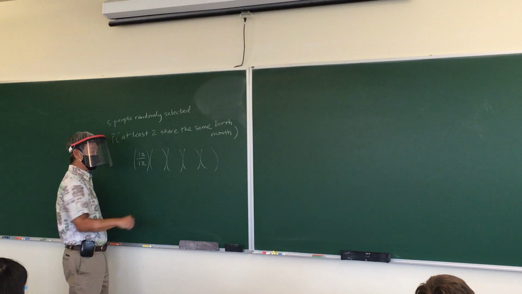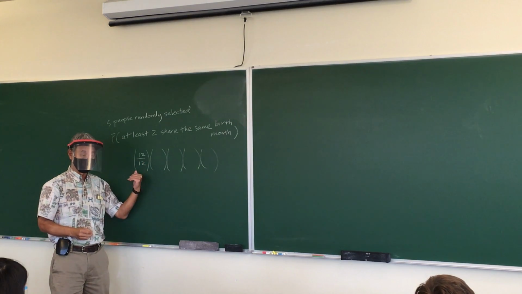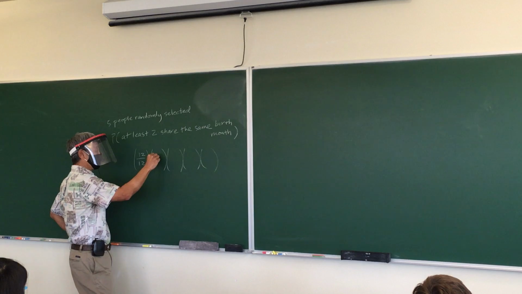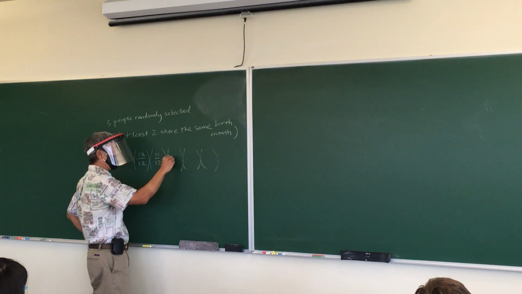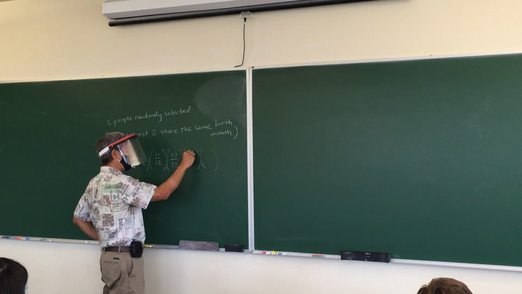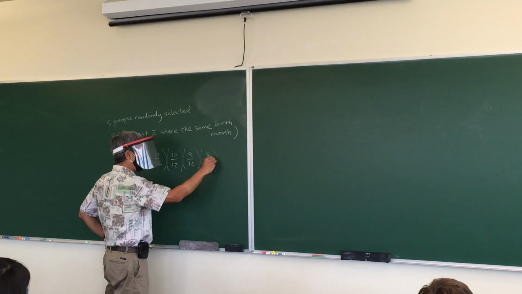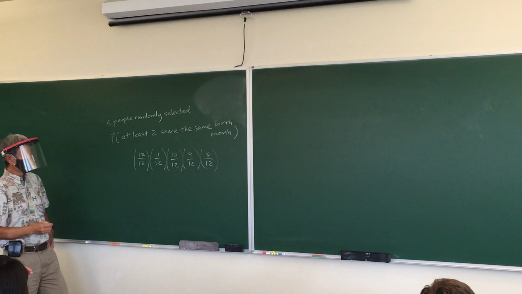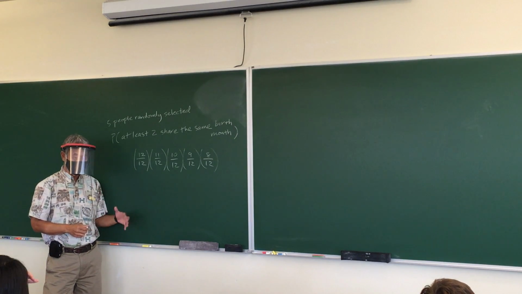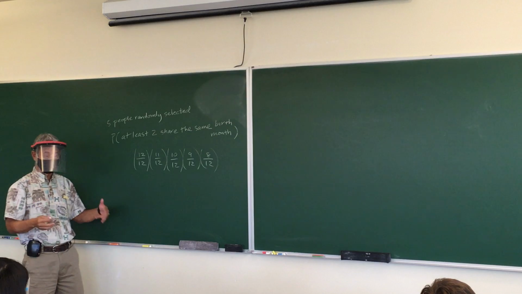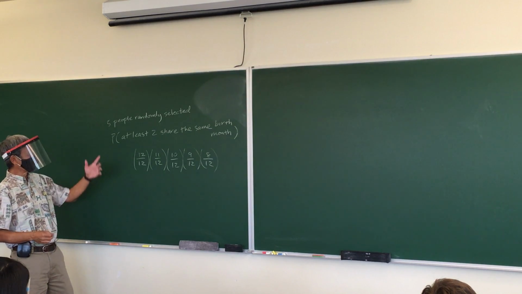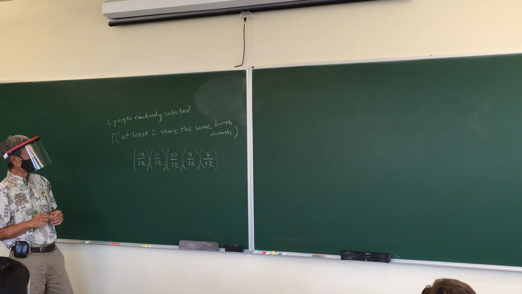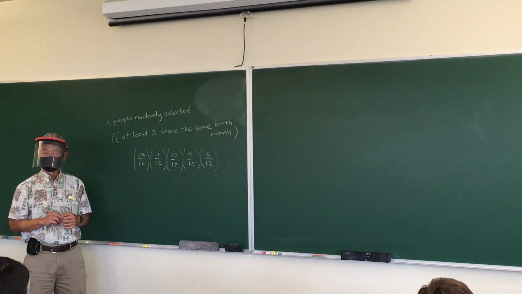What's the probability that the next person is born in a different month than the first person? 11 out of 12, then 10 out of 12, then 9 out of 12, then 8 out of 12. So if you multiply these numbers together, that is the probability that these 5 people all are born in a different month. So how do you get the probability of at least 2 are born in the same month?